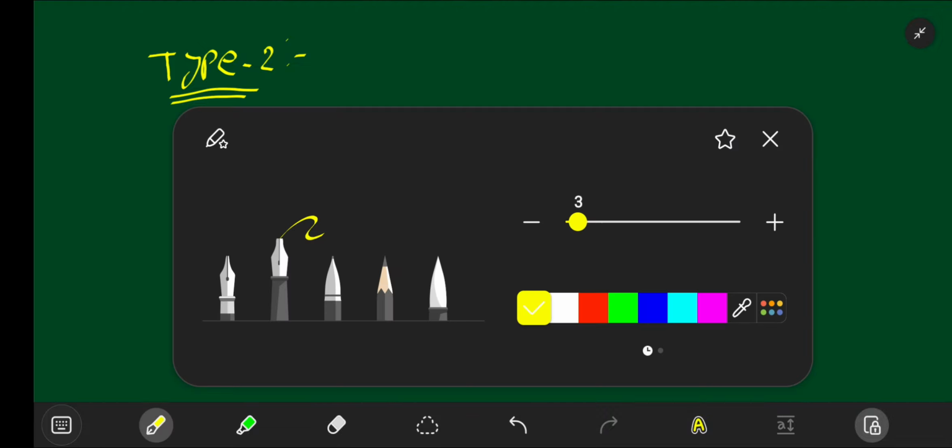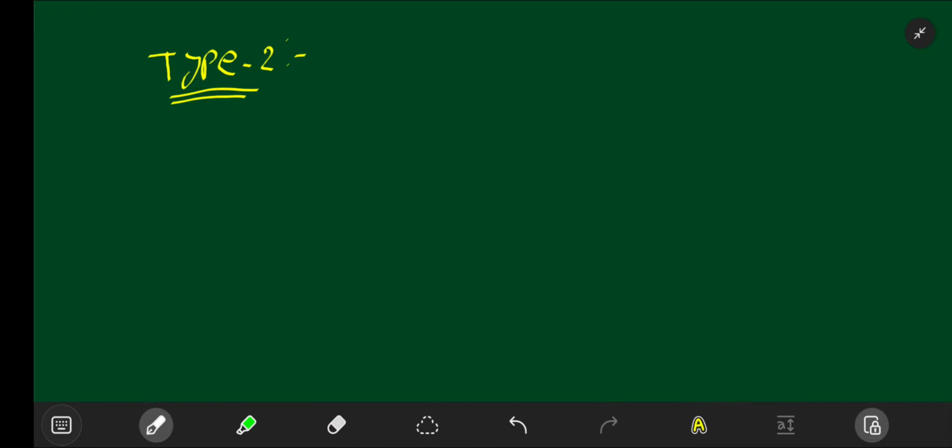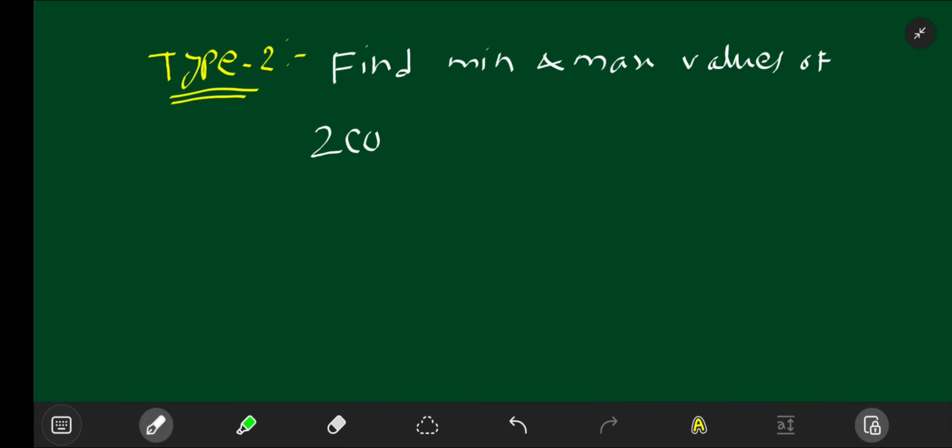Find the minimum and maximum values of 2 cos square theta plus sin power 4 theta.